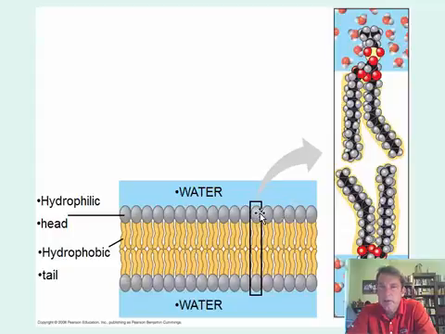The head, or the phosphate group, is hydrophilic. Water can surround it. It attracts water, so it can be around water. The tails are hydrophobic, and so they repel water.